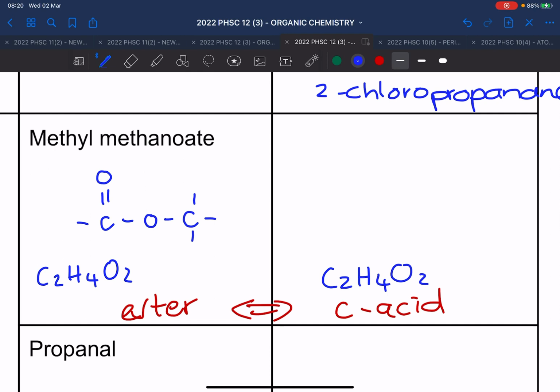What do we call this thing again? Molecular formula. So please draw a carboxylic acid with the same molecular formula. Go. Same molecular formula, but it must be a carboxylic acid. Start with the functional group. Always.